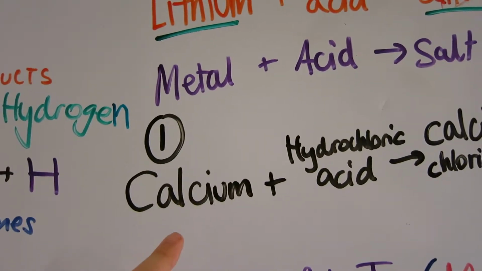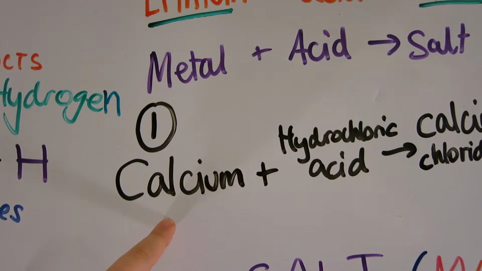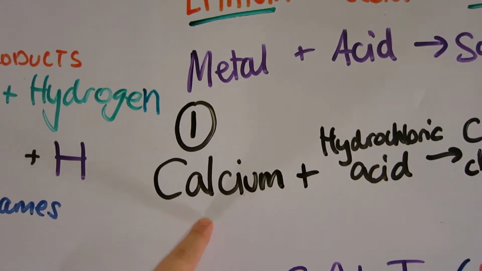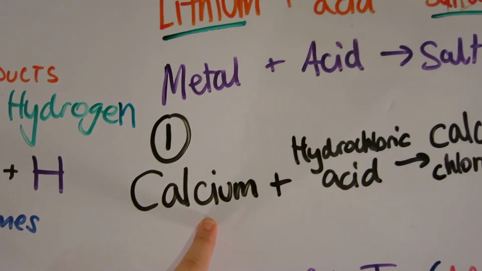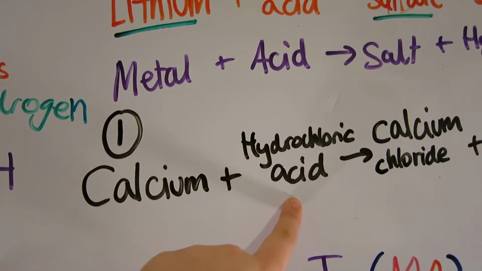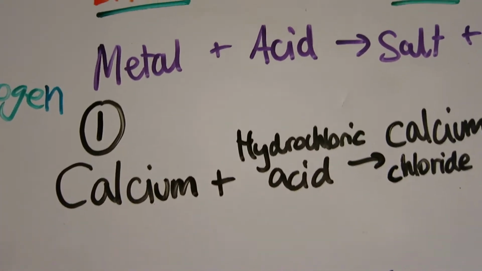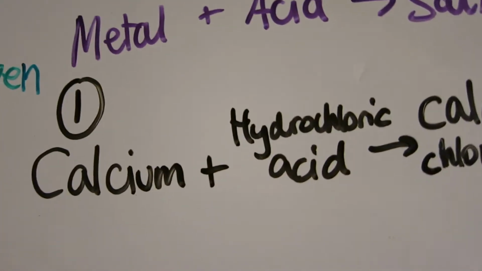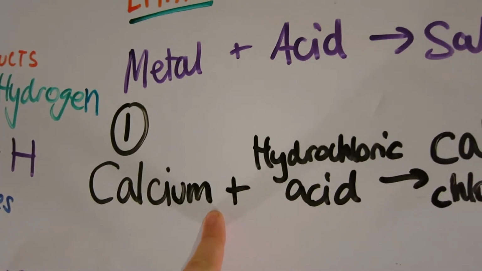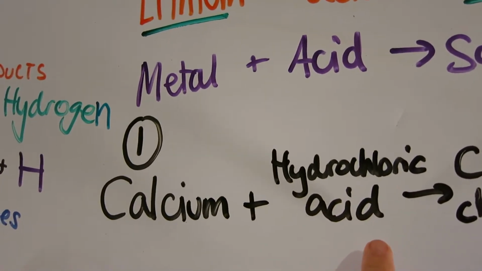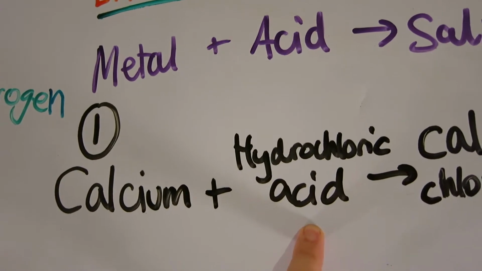So if we go through the first question, it's probably the easiest. We've got calcium, and we've also got hydrochloric acid. So what these actually form, remember, we've got our metal, and we have to form what type of salt here.